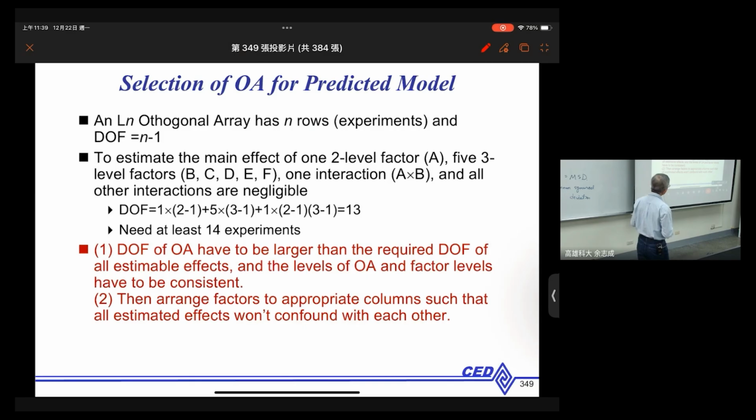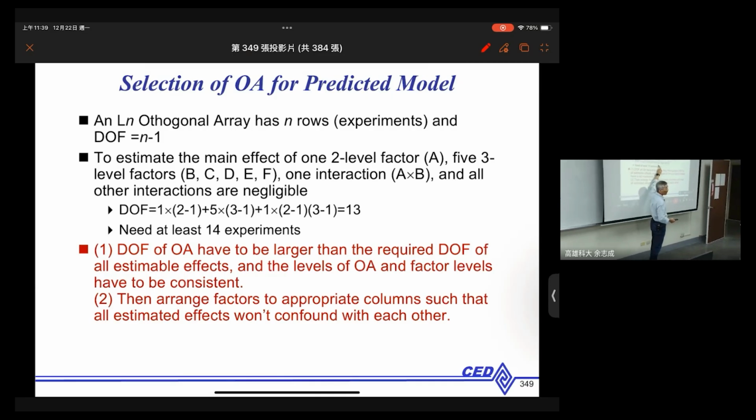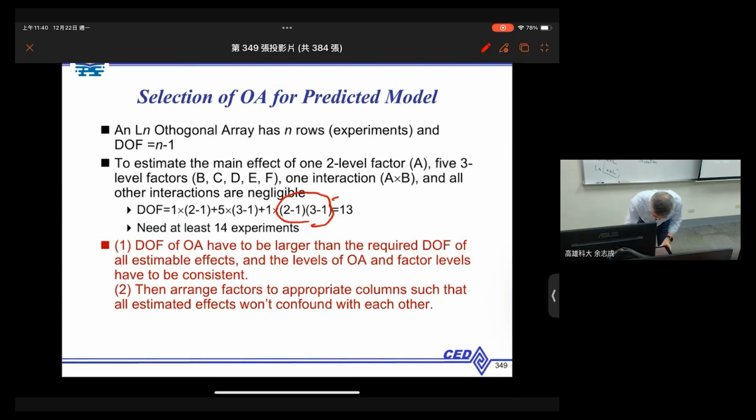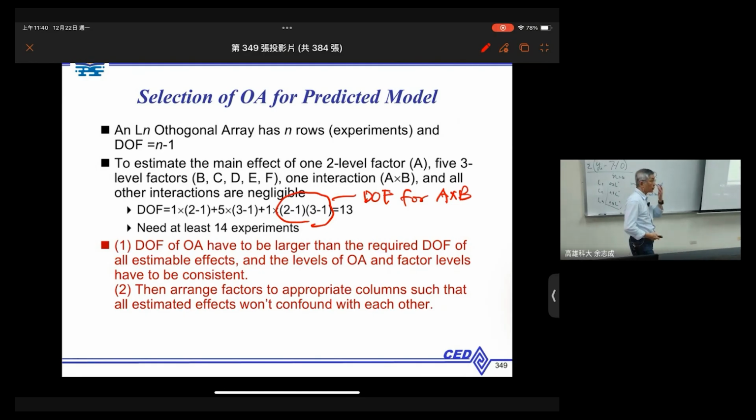By using what we told you before, A is 2-level, so the degrees of freedom will be 1. Five 3-level factors, so 5 times 2 degrees of freedom, and 1 interaction AB. A is 2-level, B is 3-level. So AB, the interaction effect, will be 2 degrees of freedom, right? Now this is the DOF for the interaction term. Therefore, the total degrees of freedom will be 13.